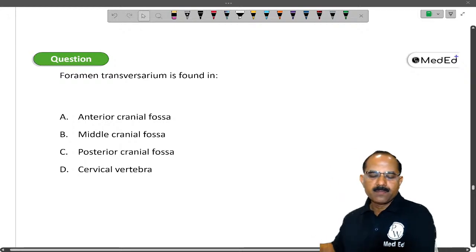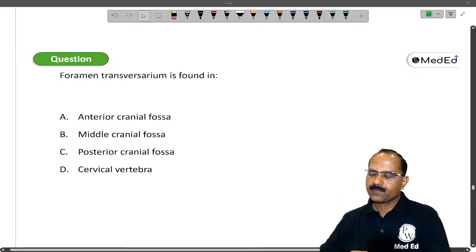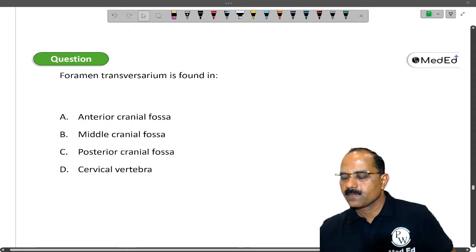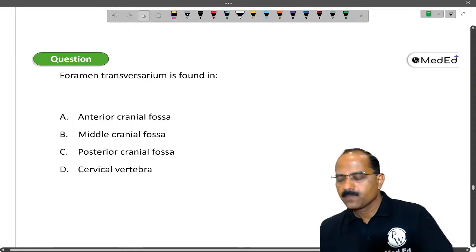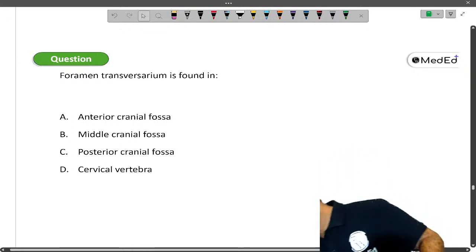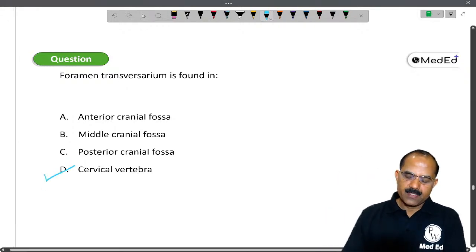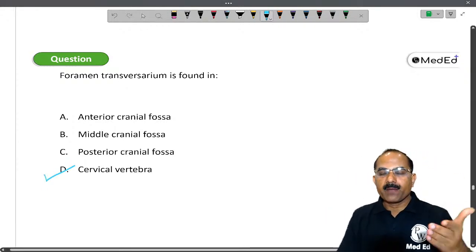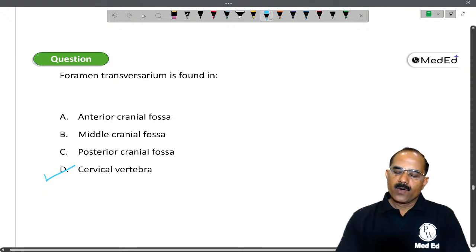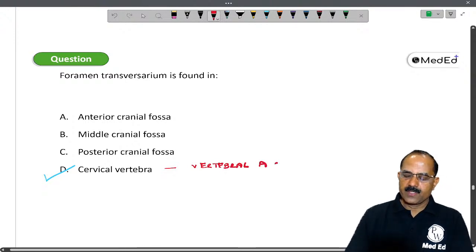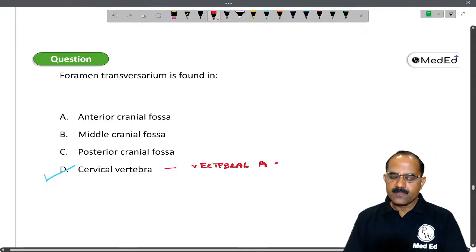Yes, cervical vertebrae. What passes through the foramen transversarium? The vertebral artery, right? Vertebral artery.